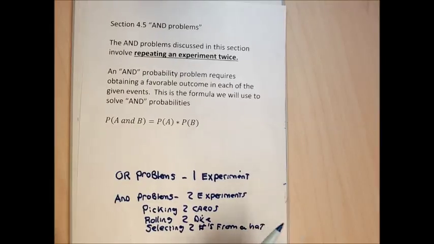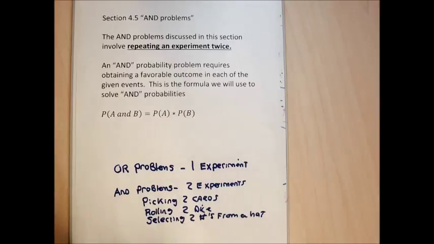So the big difference is the number of experiments, as opposed to doing just one card, one die, or one letter from a hat. We're going to be doing two, and we're going to be doing probabilities for this section just like we did last section. And there's a formula for these probabilities too. The formula is listed here.